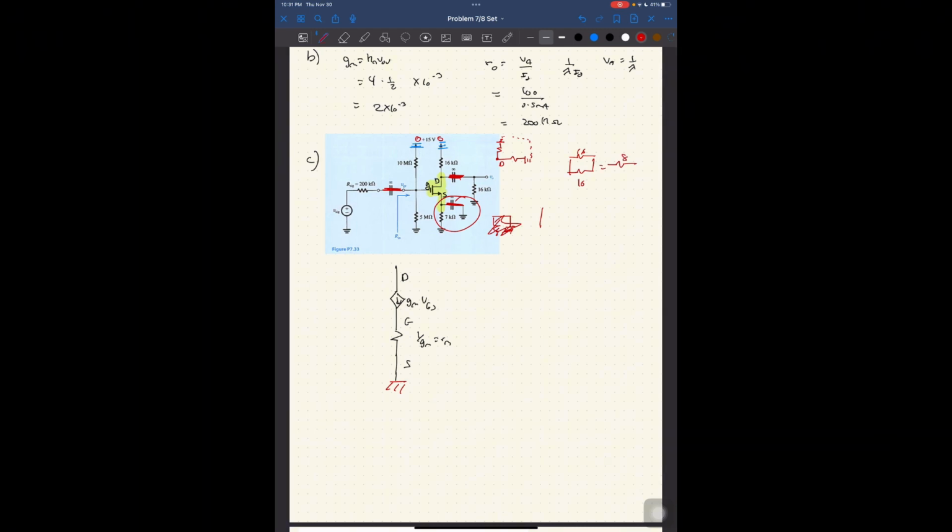When they're both the same, you just halve. Or if you don't trust me, just do 16 times 16 over 16 plus 16, and you're going to get 8, right? But why don't you trust me, bro? My feelings are hurt. Anyways, drain, 8 kilo ohms. And source, and I'm done. So I'm done with this half of the circuit.